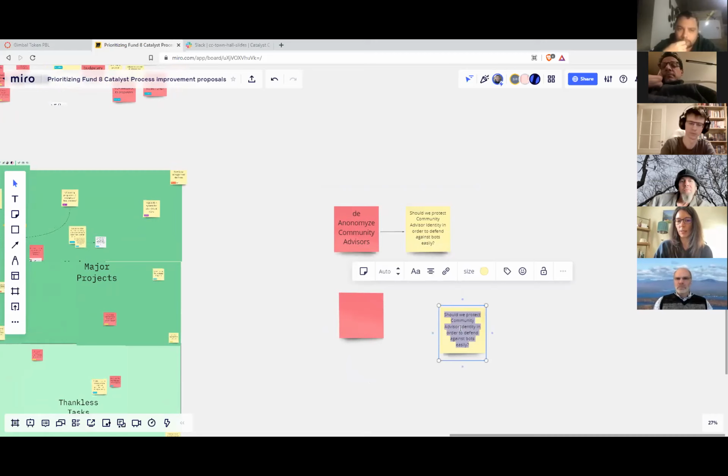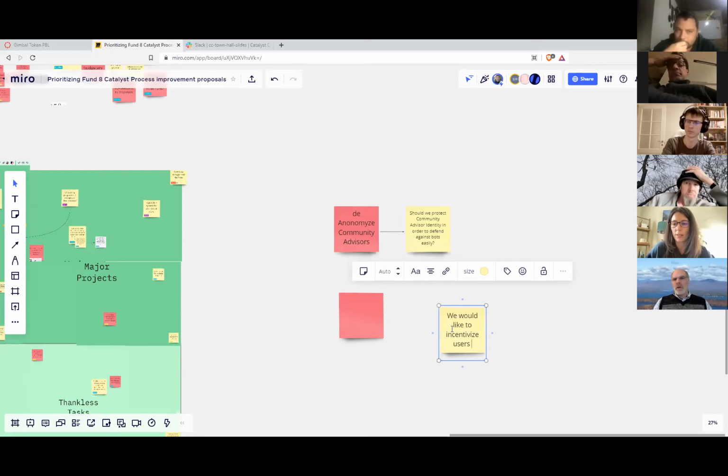My question is more of a technical one: is it a doable thing to attach reputation without anonymity? Can you do those separately? Maybe people can talk technically to what's actually possible here, because we're going to come to the end of this call.